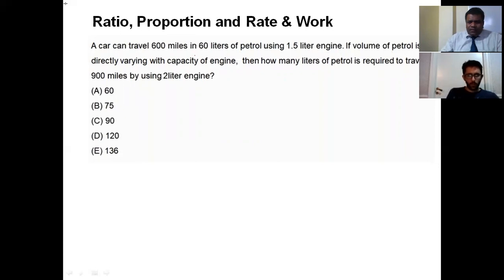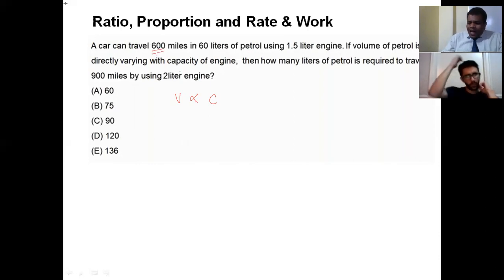A car can travel 600 miles on 60 liters of petrol using a 1.5 liter engine. If the volume of petrol is directly varying with the capacity, so V is directly proportional to C, right? And in this question, he's using one more variable, that is the distance.